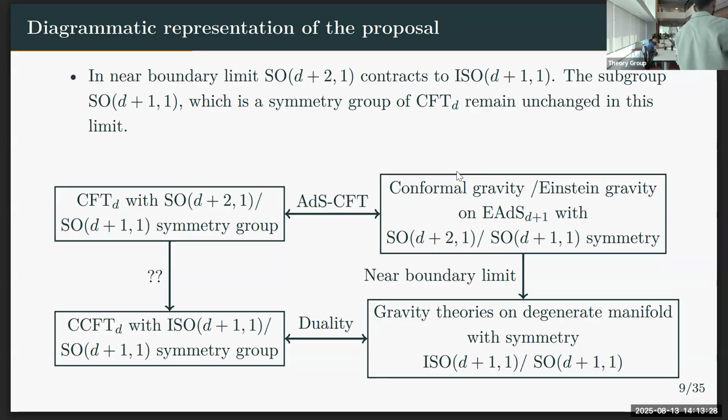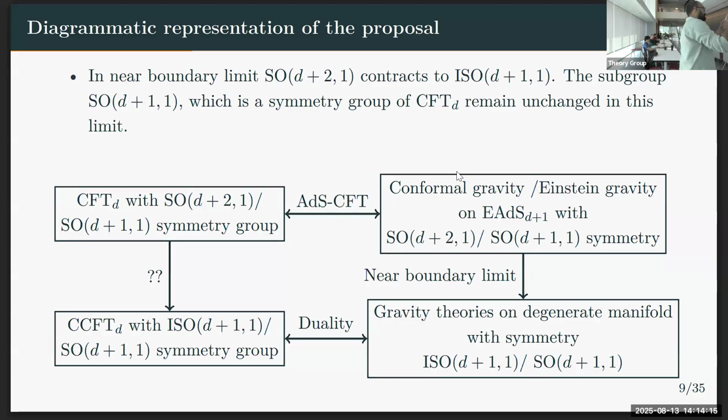From the previous slides, what we can say is that conformal gravity and Einstein's gravity in the near boundary limit become gravitational theories on a degenerate manifold with symmetry ISO(d+1,1) and SO(d+1,1). This SO(d+1,1) remains unchanged, but SO(d+2,1) in this near boundary limit becomes ISO(d+1,1). We also saw that the manifold becomes degenerate. So the resultant gravitational theories in this limit are theories defined on this degenerate manifold.